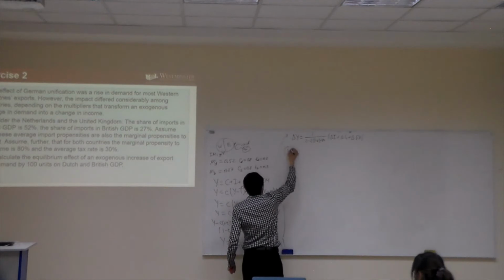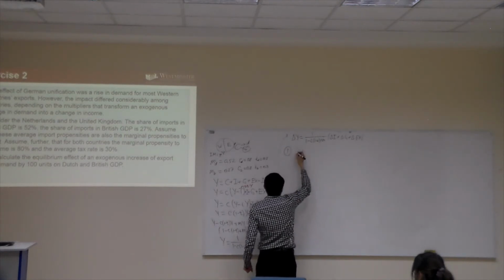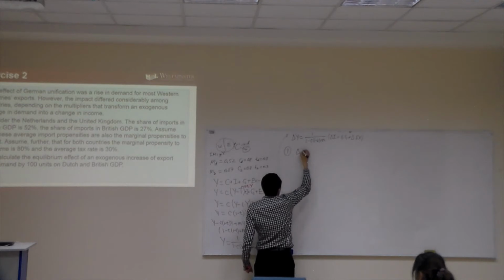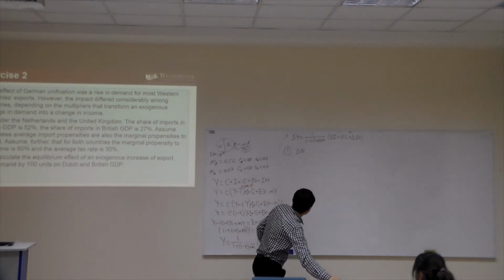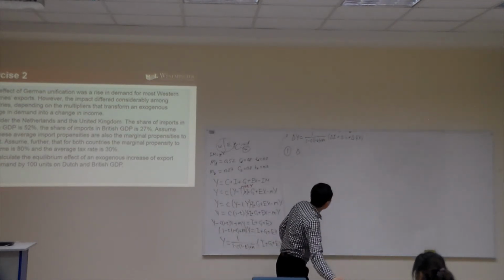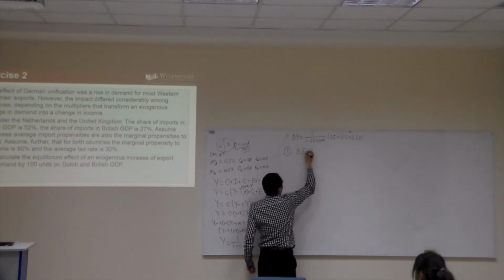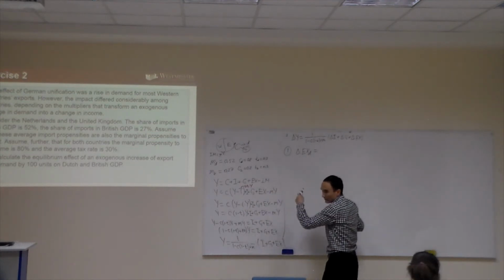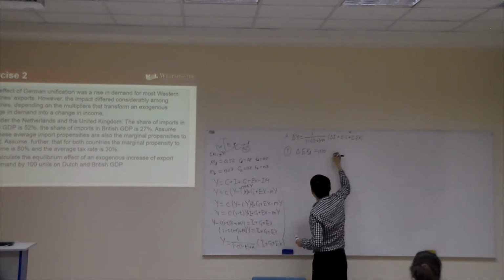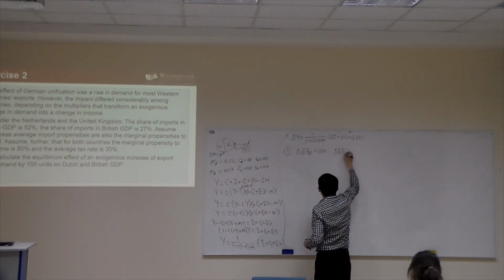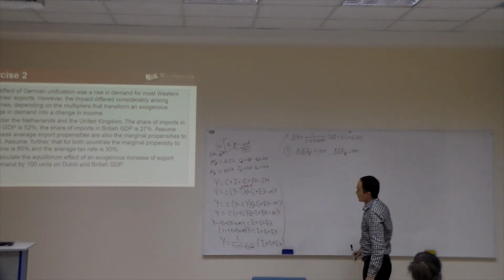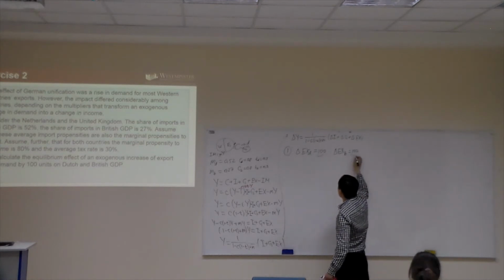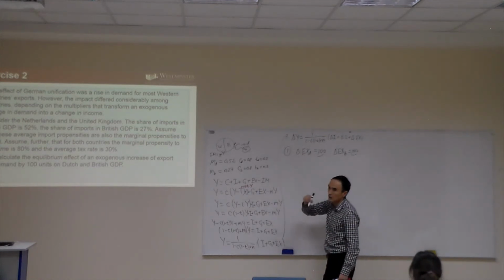So number one, the change in Dutch export is 100, a positive increase, and the change in British export is also 100. If it changes by 100 units, the income of these two countries is going to change.